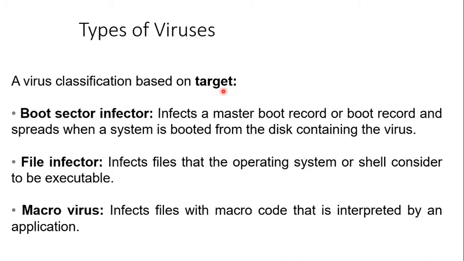It is where you are going to infect, where you are going to damage. As soon as you say a virus has attacked, it is going to damage, and where exactly it is damaging, that is the target. Based on the target, we have three types: boot sector infector virus, file infector virus, and the macro virus.